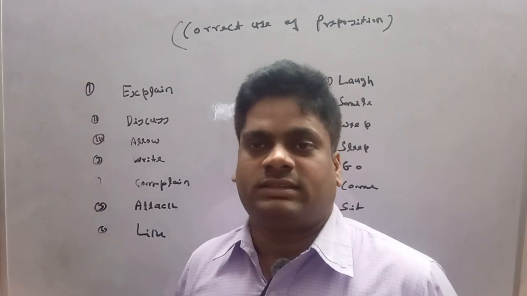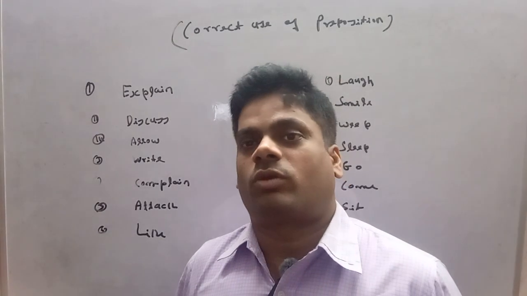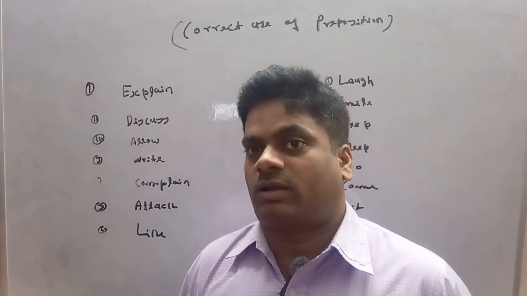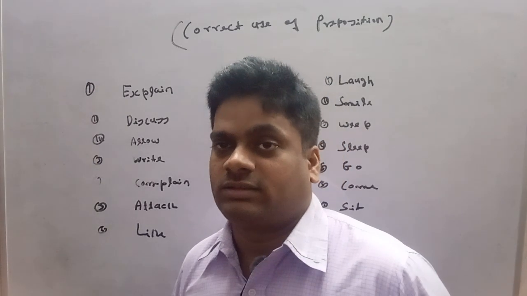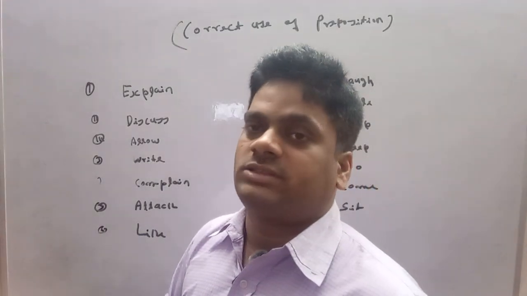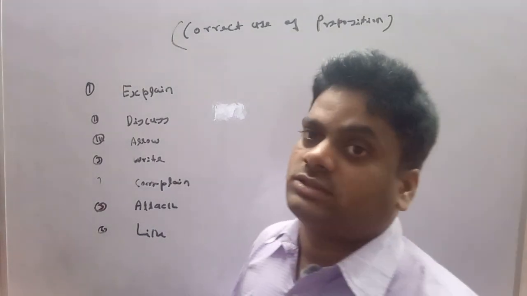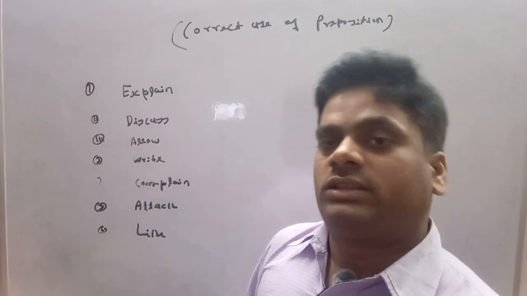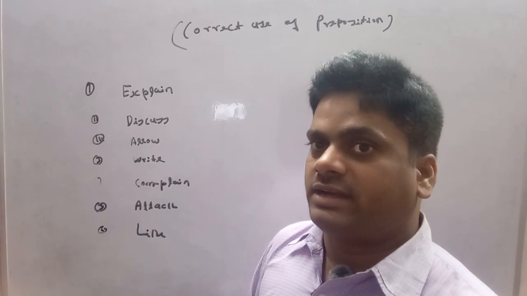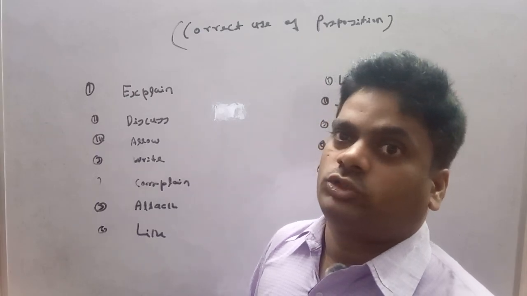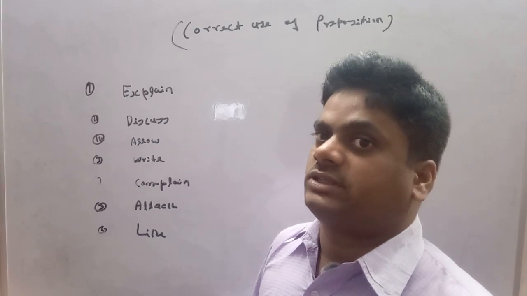If their answers would be a noun or a pronoun, then you can understand it is a transitive verb. If their answers would not be a noun or a pronoun, it means they are not transitive verbs. If their answers would be place, time, manner, action, then you can identify them as intransitive verbs, because intransitive verbs do not require objects in a sentence.